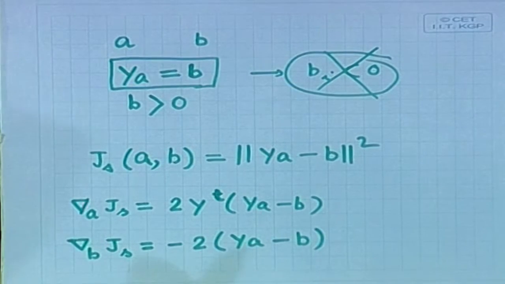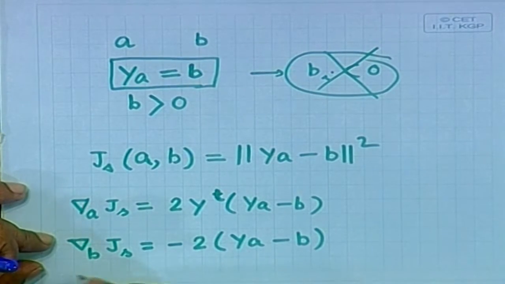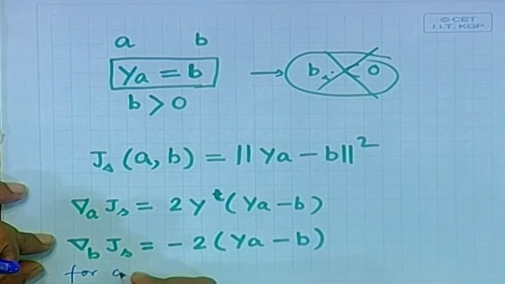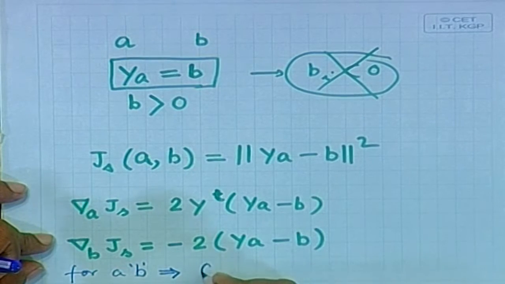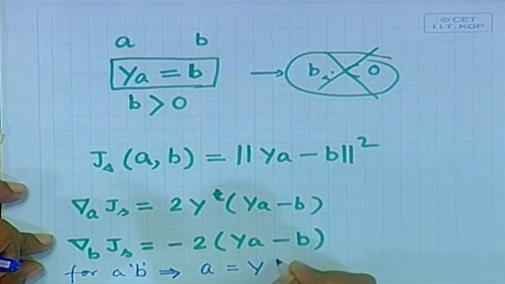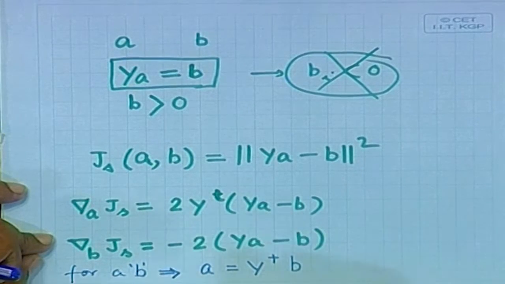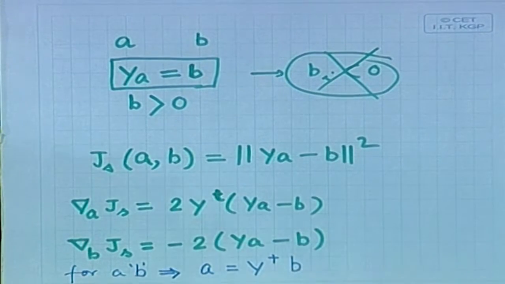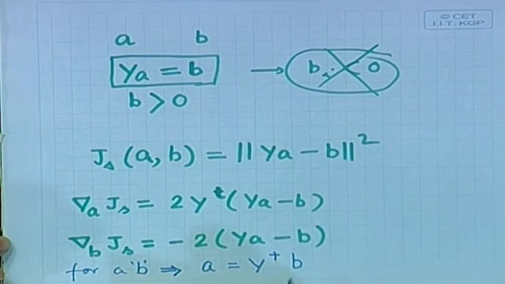Now, once we obtain any value of b, the corresponding weight vector a can be obtained as Y pseudo-inverse times b, or we can go for the same iteration which we used when we discussed the mean square error algorithm.